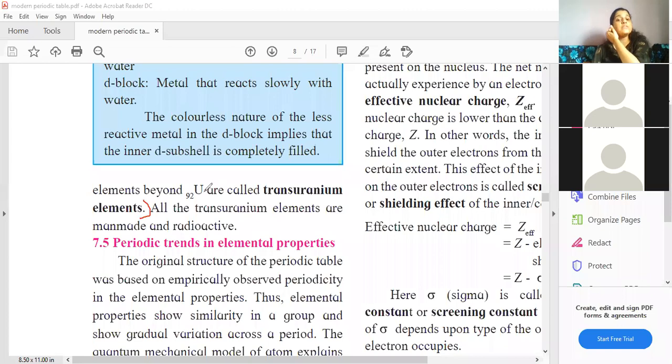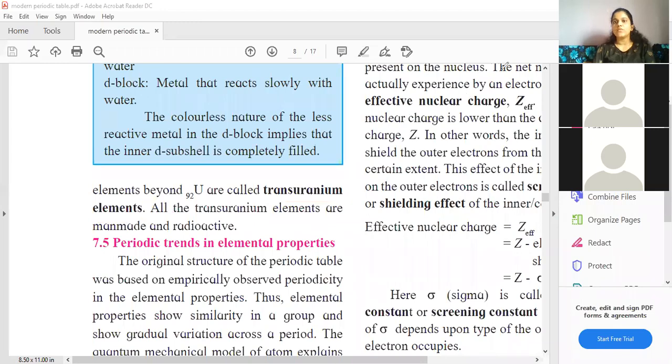Elements beyond uranium are called transuranium elements. And then the last point: all the transuranium elements are man-made and radioactive. They are not available in nature. This is what people have found out, and they are radioactive in nature.